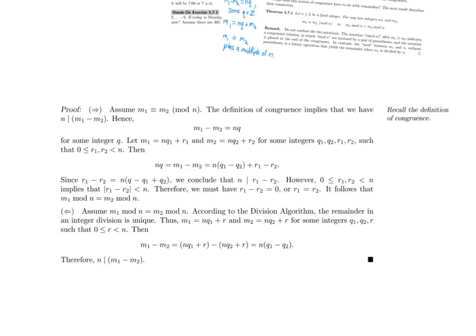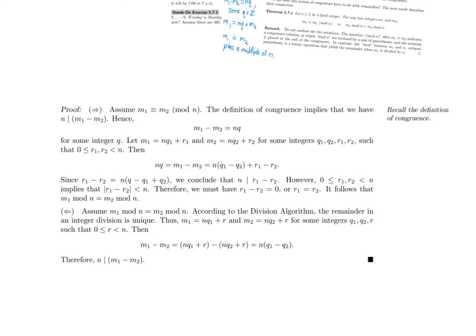If we now solve this for R1 minus R2, basically what we're doing is subtracting this quantity from both sides, and we can factor out n as a common factor, which means we're going to get that R1 minus R2 is n times the quantity Q minus Q1 plus Q2.